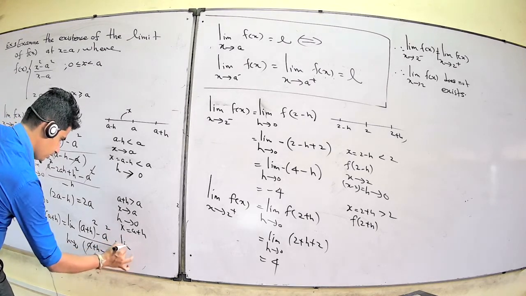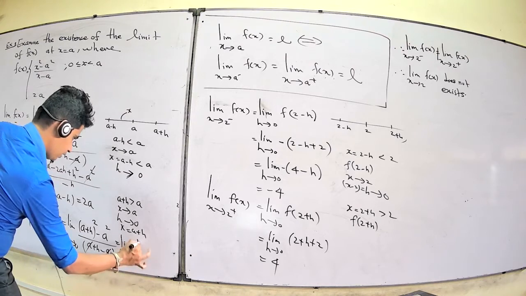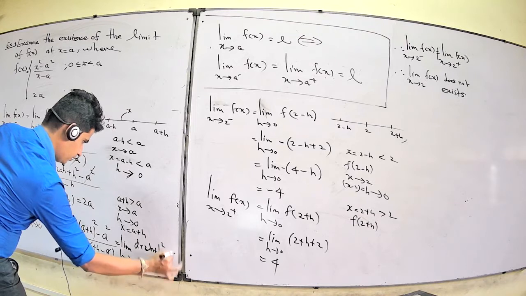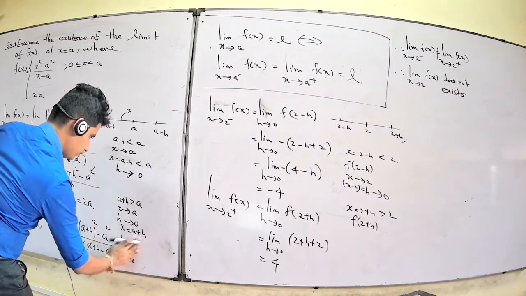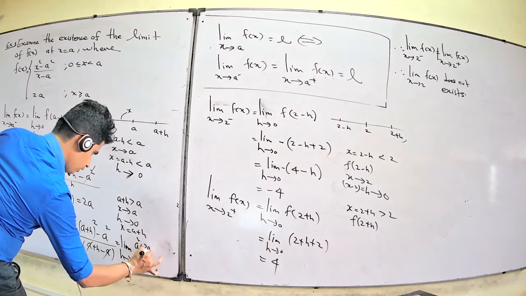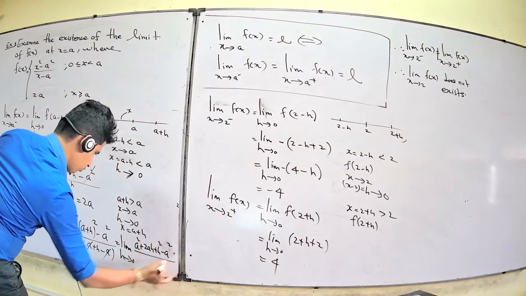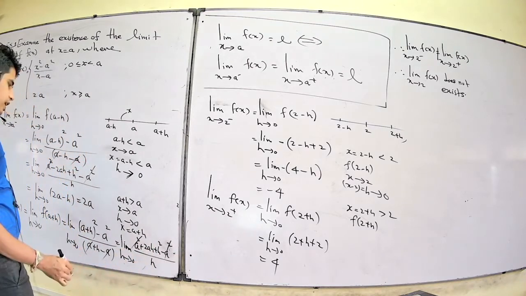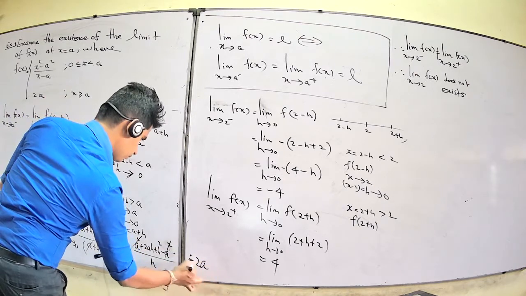The limit as h tends to 0 of ((a plus h) squared minus a squared) over h gives a squared plus 2ah plus h squared minus a squared over h. Your a squared cancels, h also cancels. As h tends to 0, you get 2a.